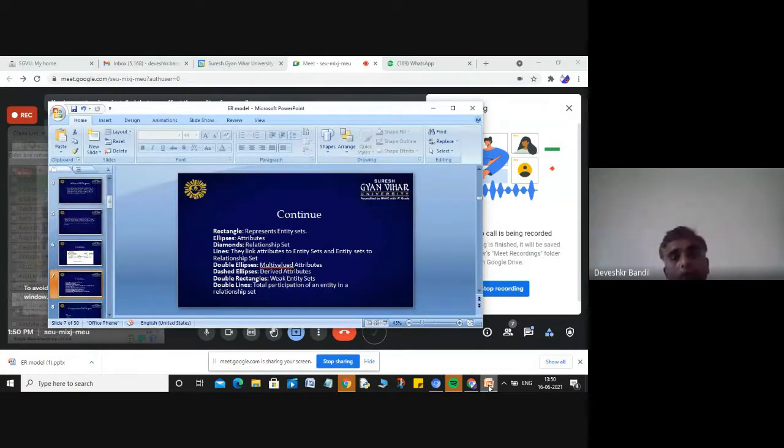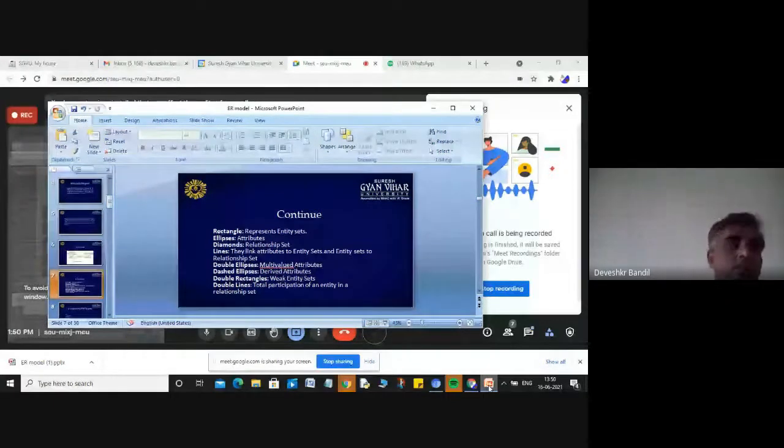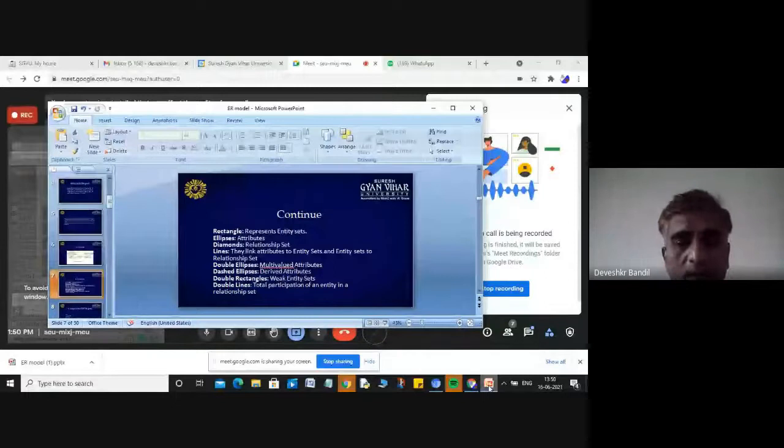And you know rectangle. Why I have to use the rectangle? Always you should keep one thing in your mind. When you will represent your entity set, entity sets and your entity will always be represented in a rectangle.